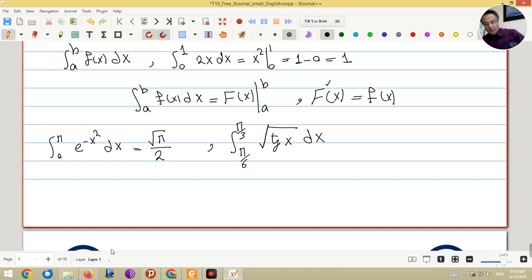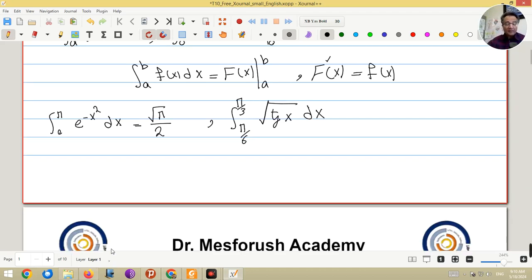Now, in these cases, we can use some numerical method to find the value of the integral.